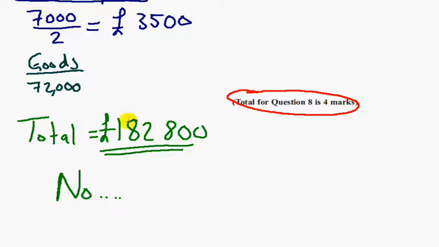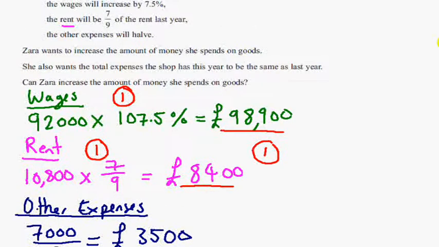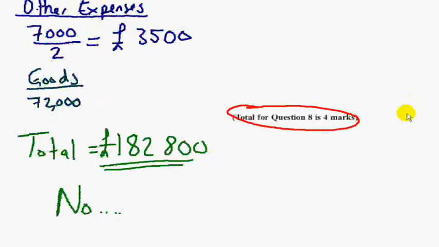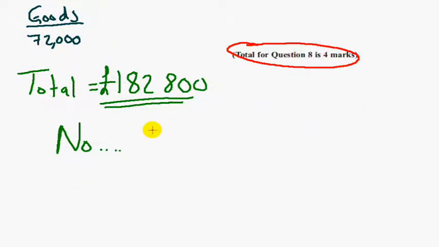So 182,800 and 181,800 must be seen in order for you to get the fourth and final mark.